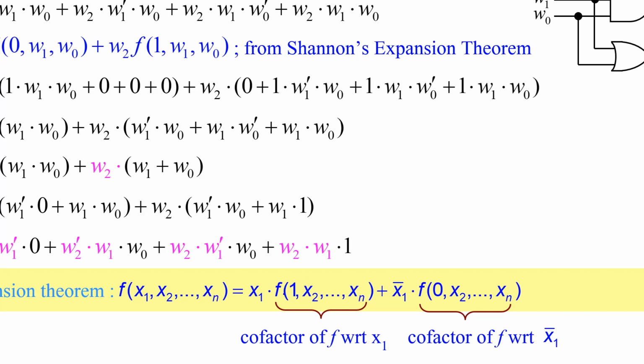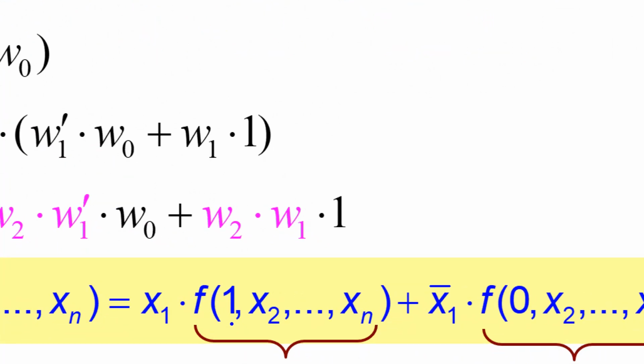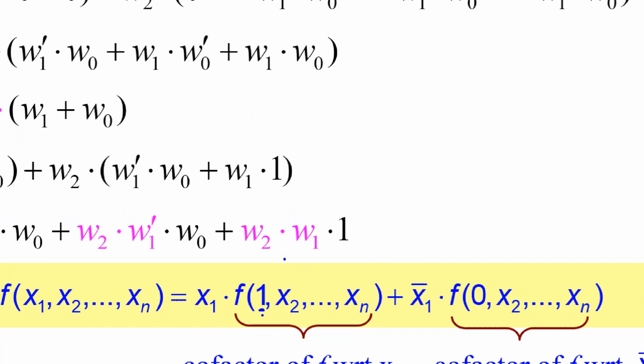If you apply this, the value means you apply the value of x1 to 1. That means now if your function's x1 is 1, what happened? This term becomes 1, this term becomes 0. 0 and anything becomes 0.